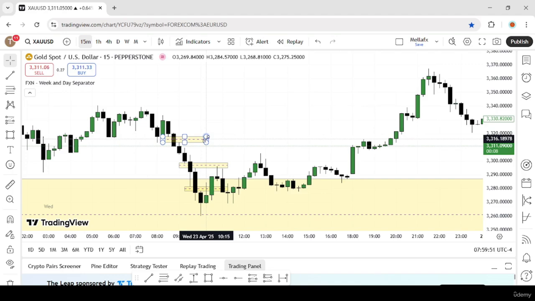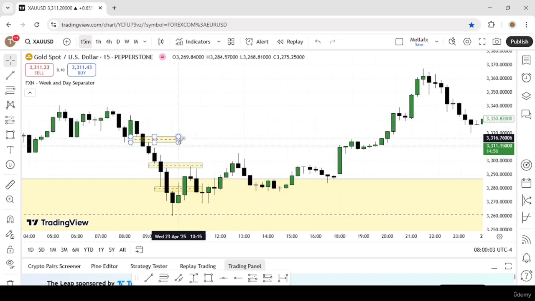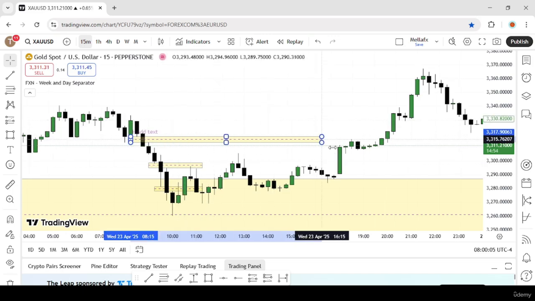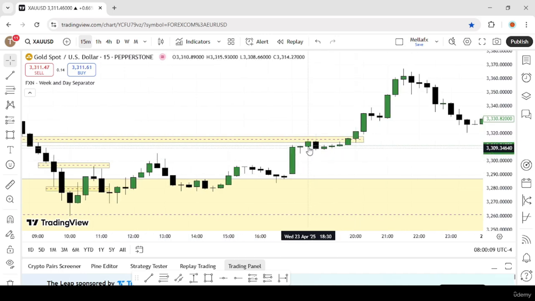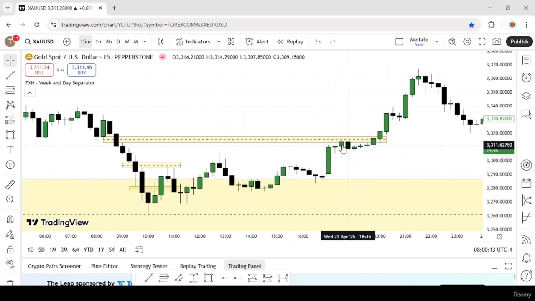Also, a fair value gap can be passed right through. For example, if I extend this, you see that the first time it was retested, the order flow seemed to be bullish.